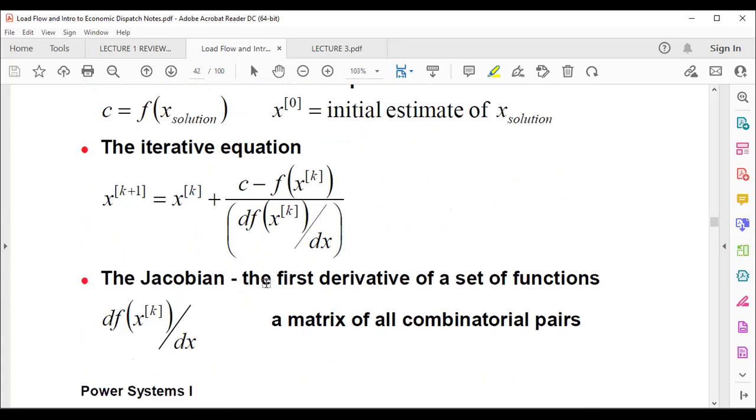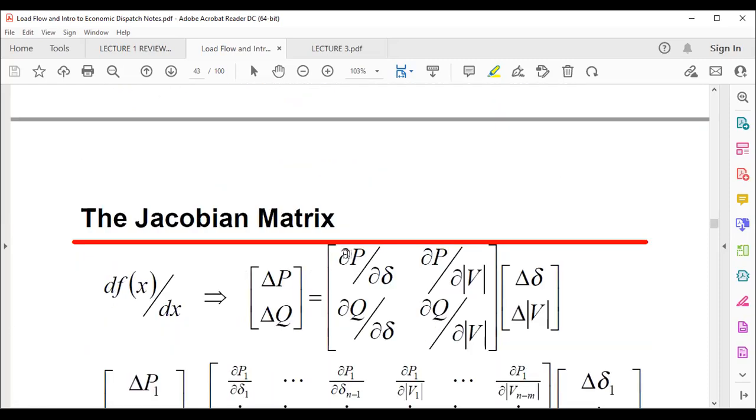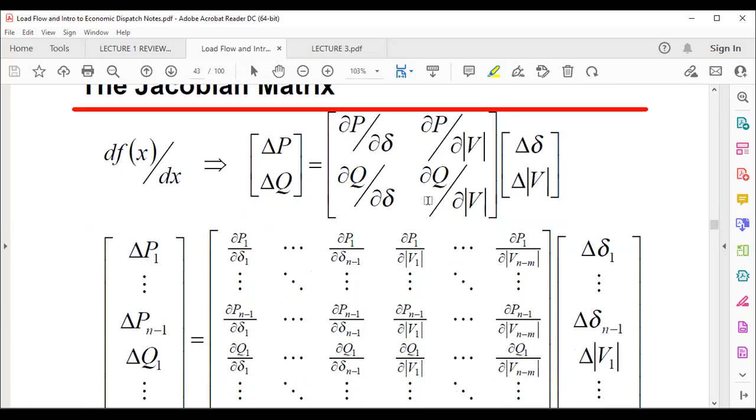Now, the only difference is that the denominator is no longer a single value, but a matrix known as the Jacobian matrix, which is the first derivative of a set of equations depending on the variables. In terms of power flow, the Jacobian matrix is formulated as follows.